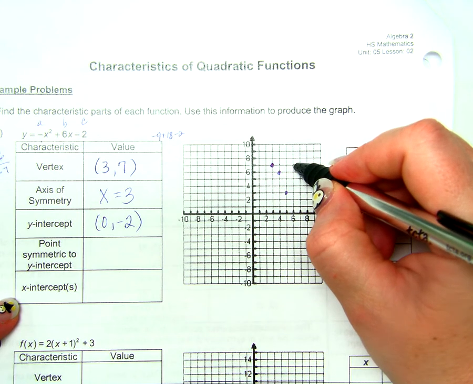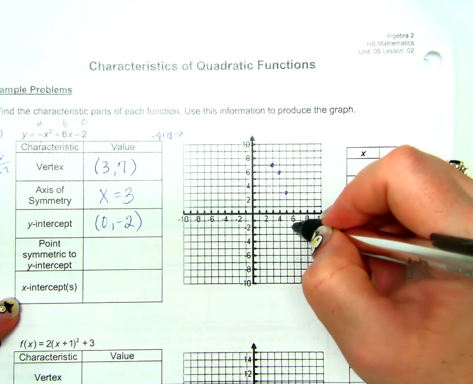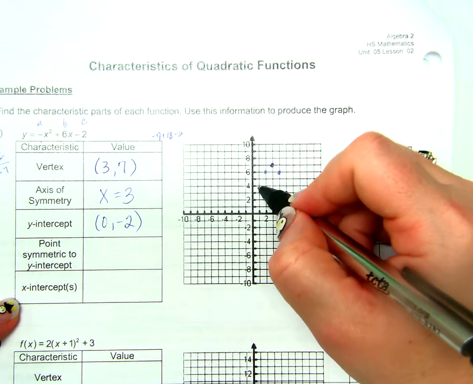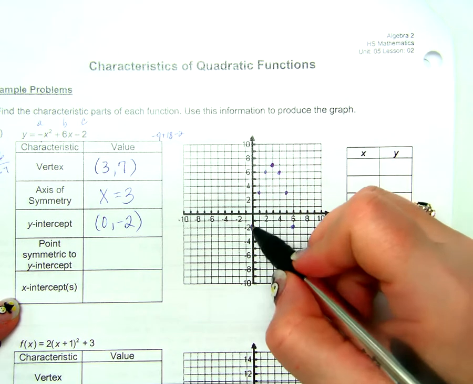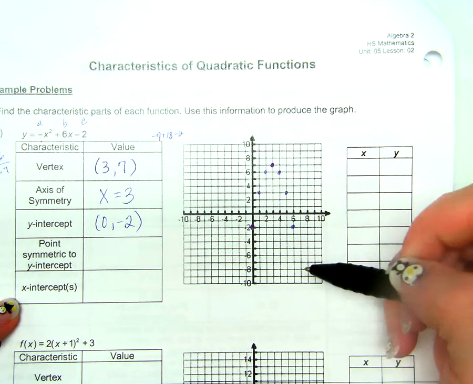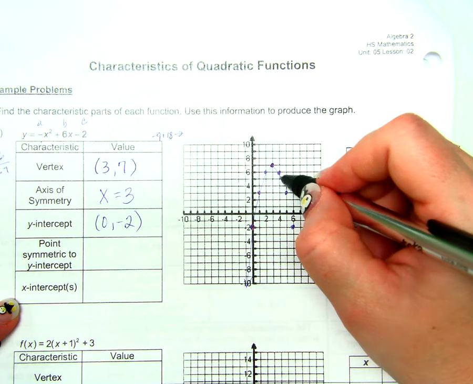Because 3 squared is 9. 1, 2, 3, 4, 5, 6, 7, 8, 9. Over 1, down 1. Over 2, down 4. Over 3, down 9. Now, did I expect my y-intercept to be right there? Oh, yeah, I did. Look, because that's my c, right? So here is my parabola.